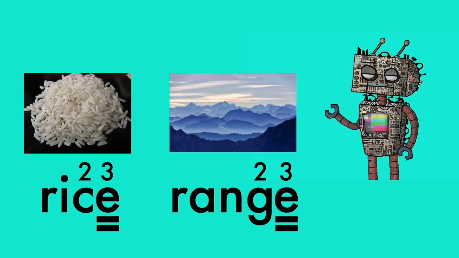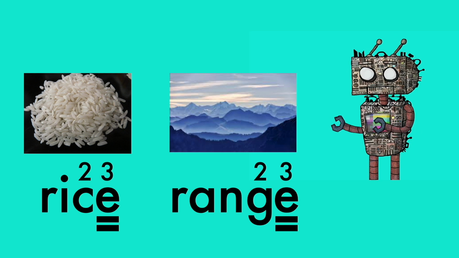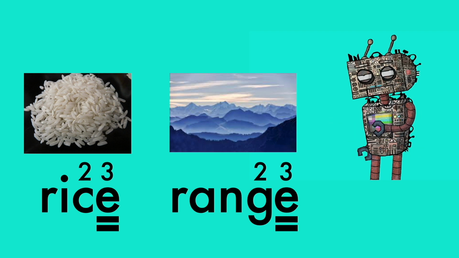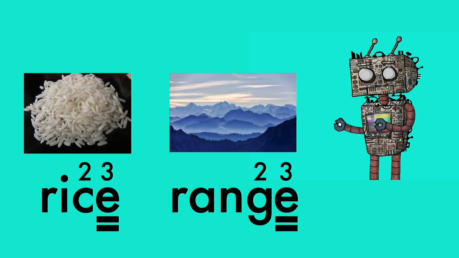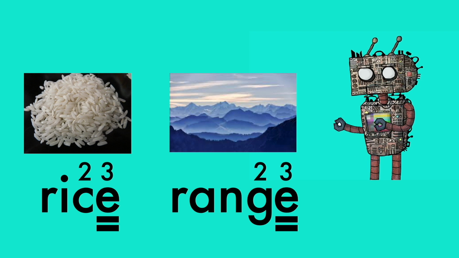Oh my gosh, that word says range, but I'm taking that E to make that word say rang. Ha ha ha ha ha! Oh, there's another one! Rice! Ha ha! Taking that E because now it's Rick. Ha ha ha ha! Good luck with your reading.